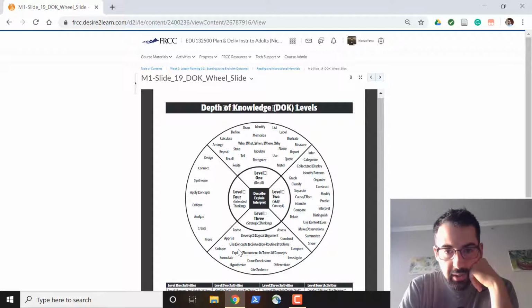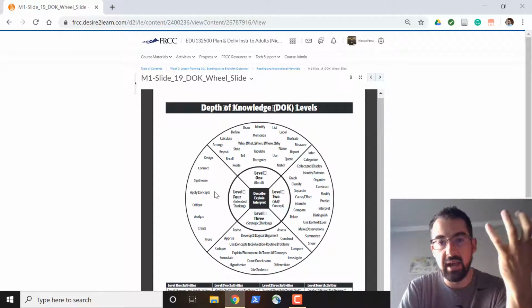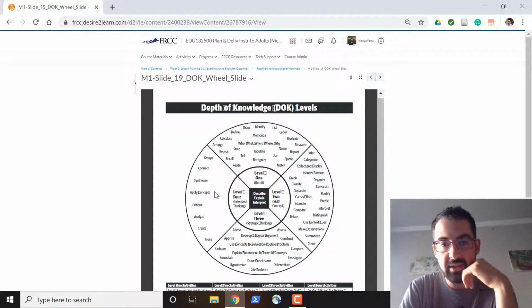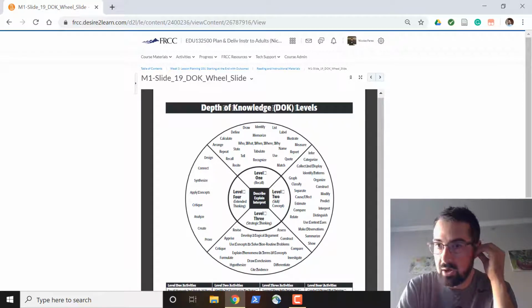Level 3, strategic thinking, draw conclusions, differentiate, critique. And then level 4, synthesize, connect, design, apply. These are the high level ones, and these are the ones that will really grasp your students and create motivational exercises and class goals that will have them thinking, oh wow, I'm going to be able to do this.